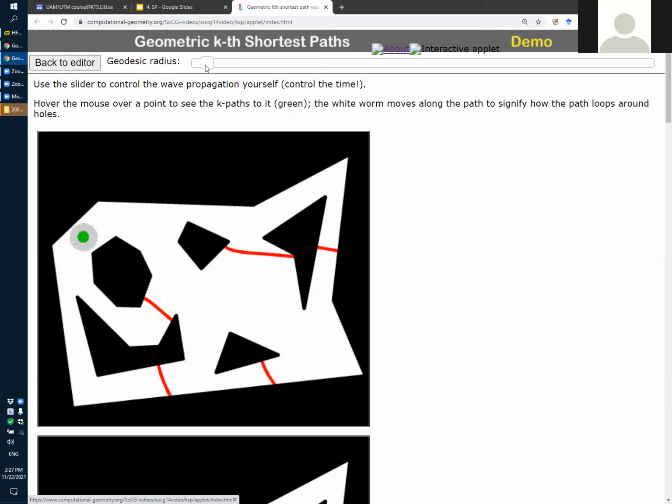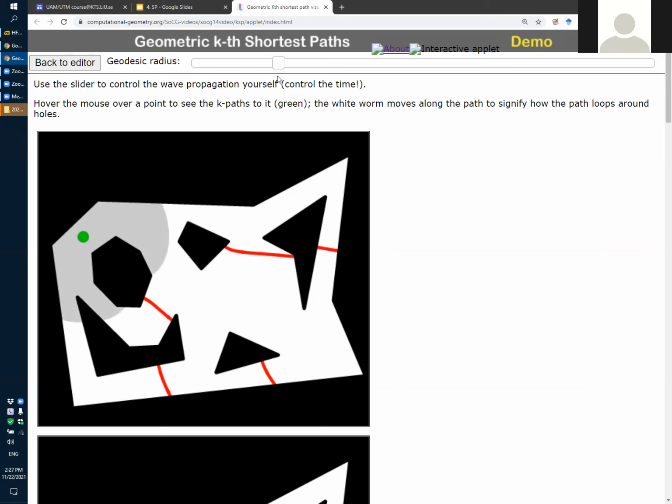They go in circles while there are no obstacles. Of course, when they collide with an obstacle, they stop the propagation. When they touch the obstacle, they go around it. But whatever is reached by a certain time t by the wave has a shortest path of length t to the green point.